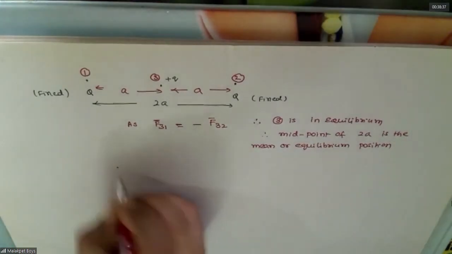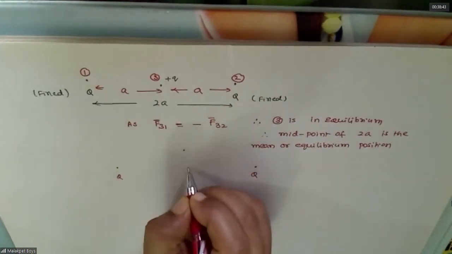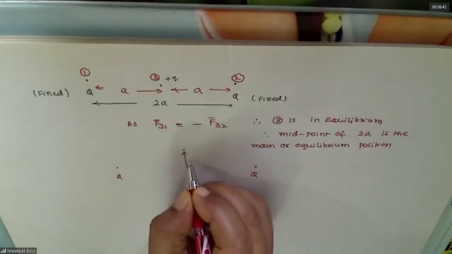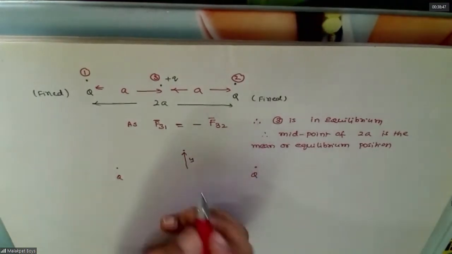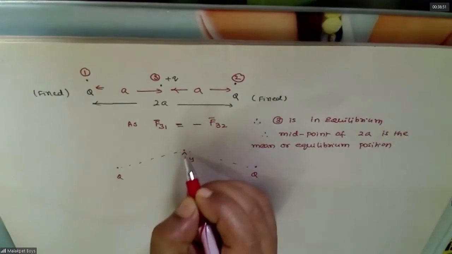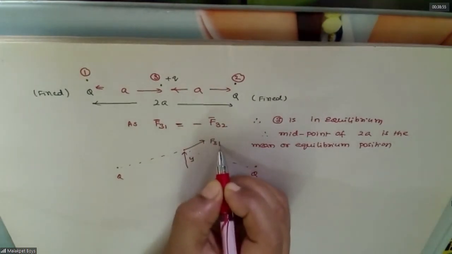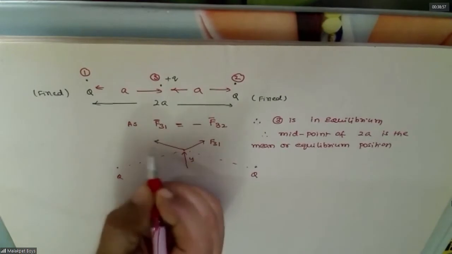Now suppose from here I push it like this. This is the displacement, then definitely you have forces like this now, repulsive forces. Unstable equilibrium.